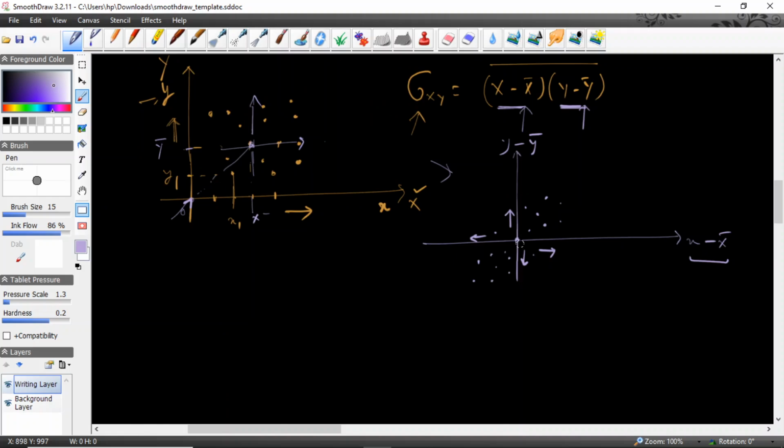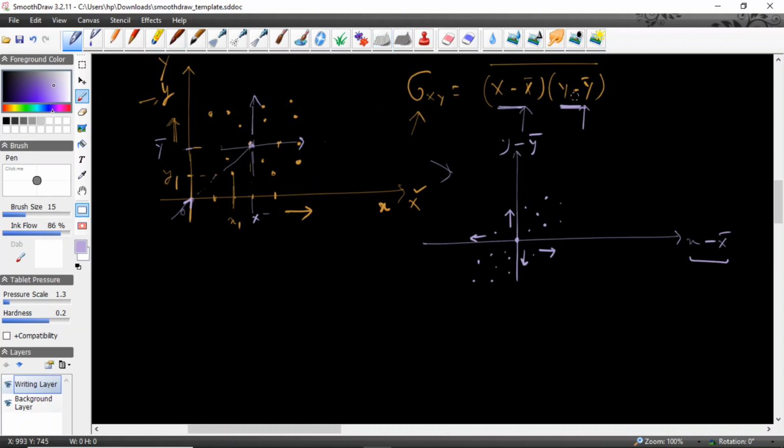It may not always be negative, but it is more likely to be negative. There may be some cases when x minus x bar is negative but y minus y bar is positive. That is for some cases, but in general, with a positive correlation, if one variable increases, the other also increases, and if one decreases, the other also decreases.